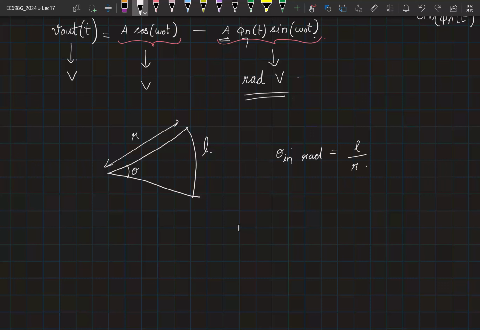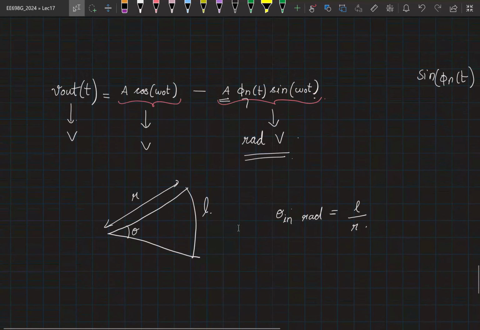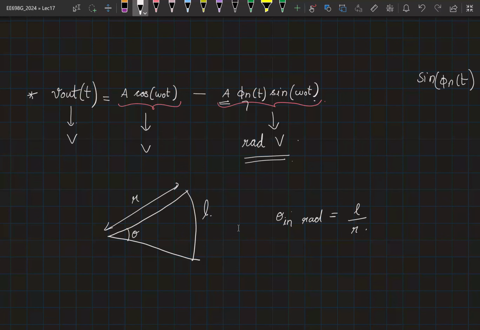So radians is dimensionless. Therefore, you don't have a dimensional inconsistency. So that was the confusion I wanted to bring about. But I'm happy to see that nobody was confused.